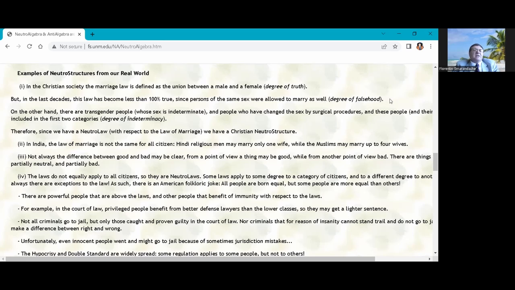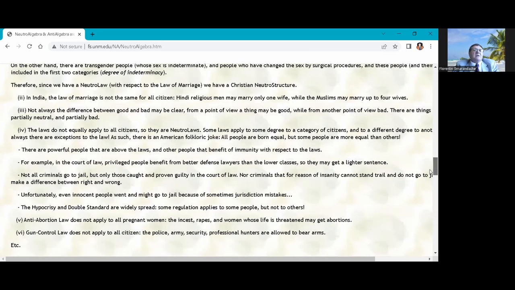Let's consider this one degree of falsehood. And there are also transgender people who can marry. Let's consider this one degree of indeterminacy, because we have a neutrosophic triplet: male, transgender, and female. So we have three of them.